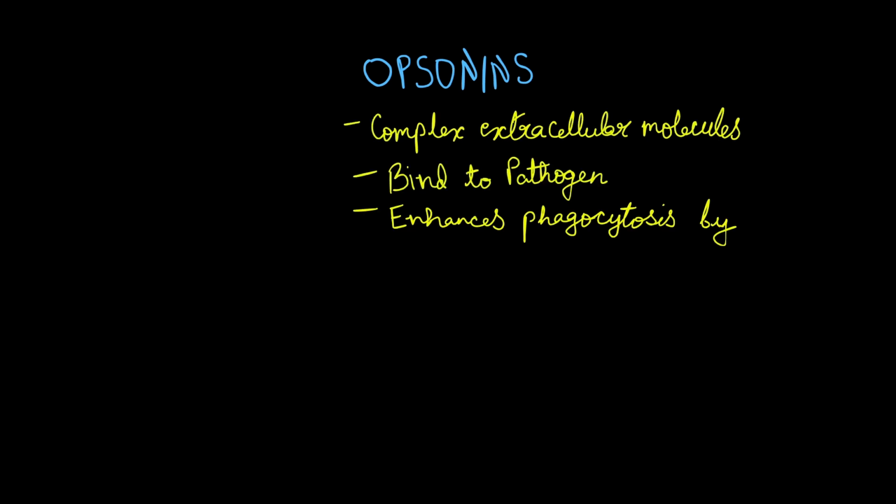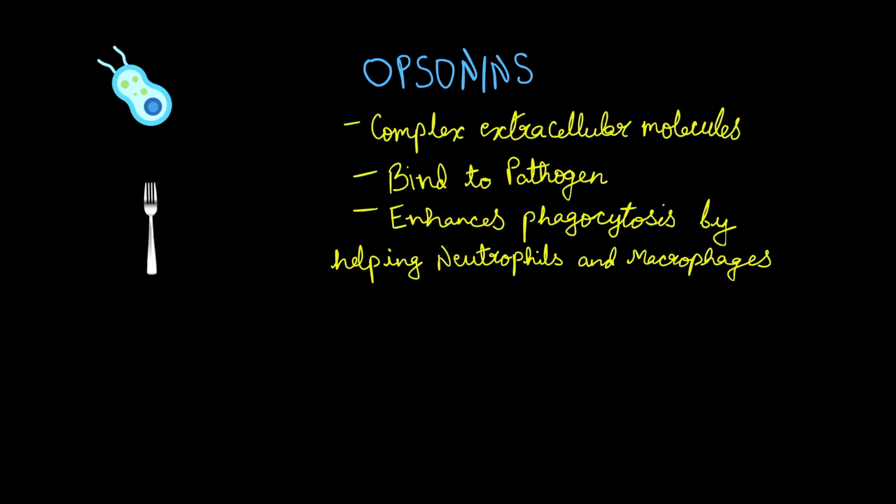As I just mentioned, I wanted to take a quick look at opsonins as these are very important in the immune system. Opsonins are complex extracellular proteins that bind to pathogens and enhance phagocytosis by helping neutrophils and macrophages.